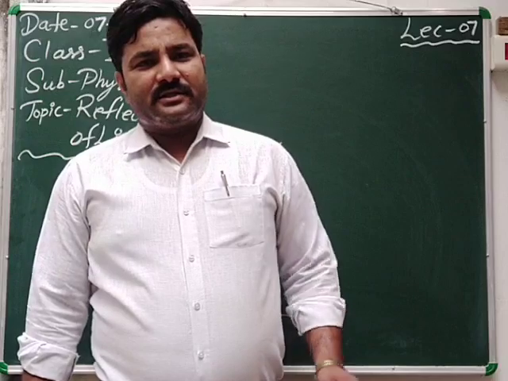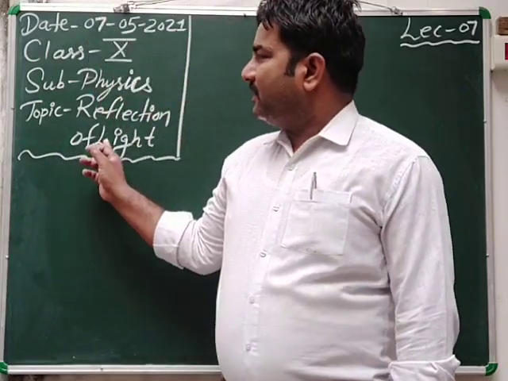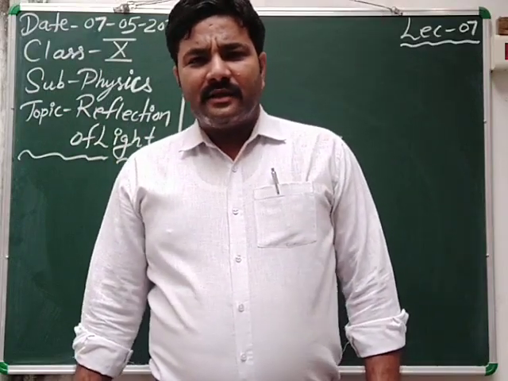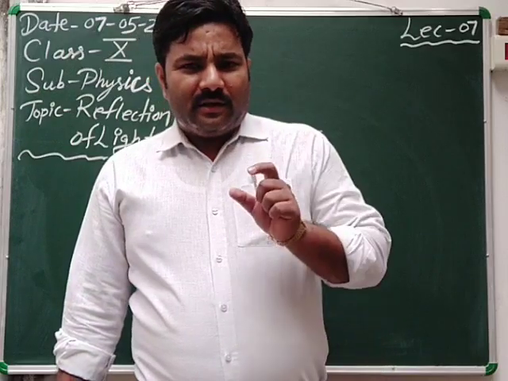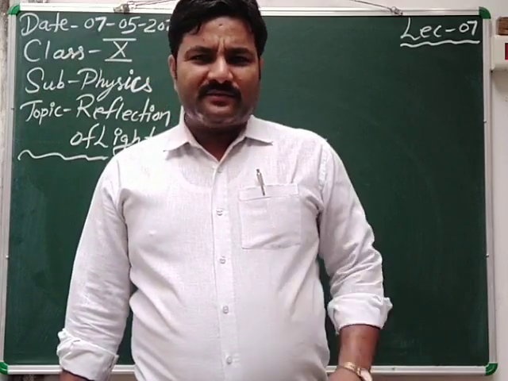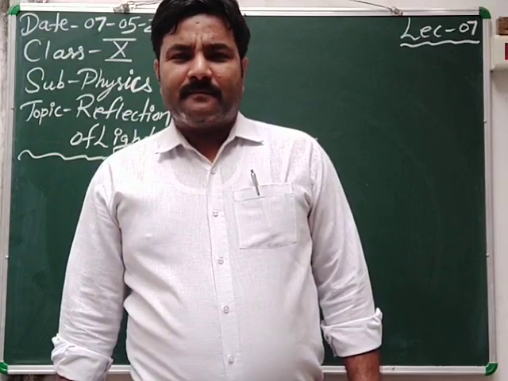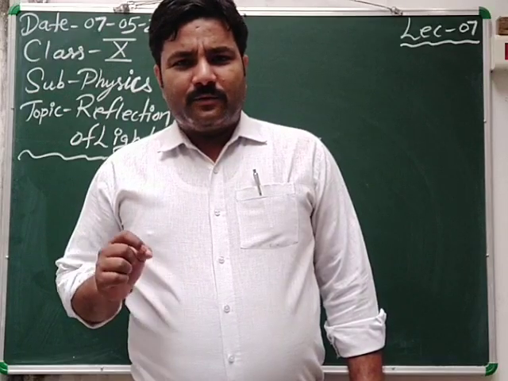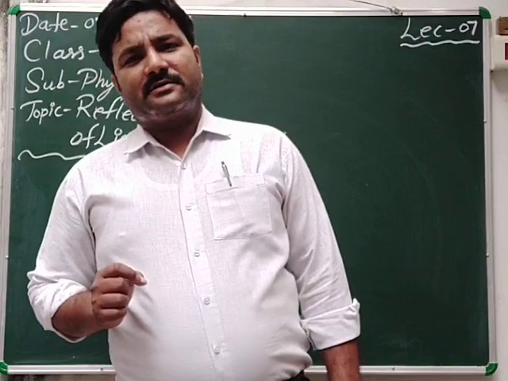This is the 7th lecture related to class 10th physics, that is the reflection of light topic. In the previous lecture we studied the rules for image formation, and now in this lecture we will discuss the image formation cases due to concave mirror as well as convex mirrors. Clear?